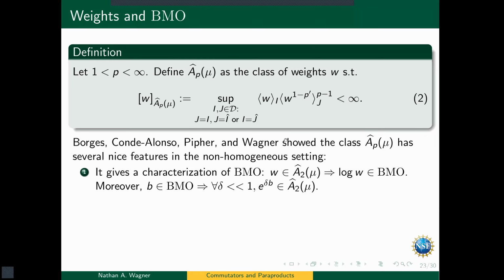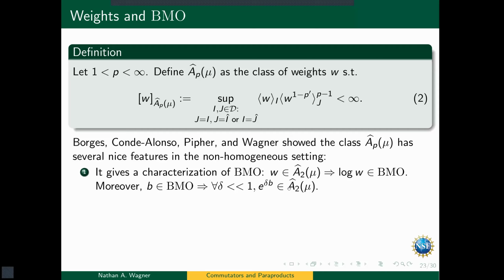And so what we showed is there are some nice features that motivate the study of this class. And one is that if W is an A2 hat weight, then log W belongs to martingale BMO. Moreover, if B belongs to martingale BMO, there exists some small number delta so that e to the delta B belongs to A2 hat.